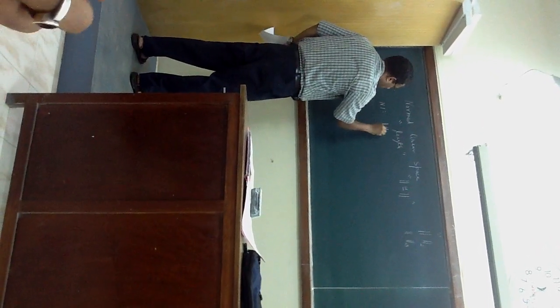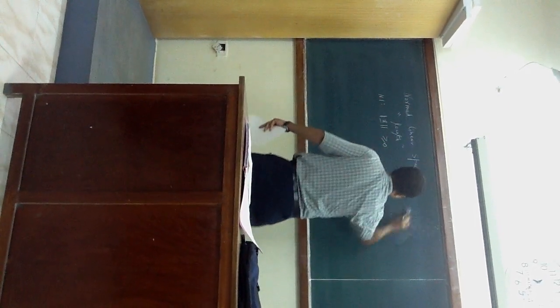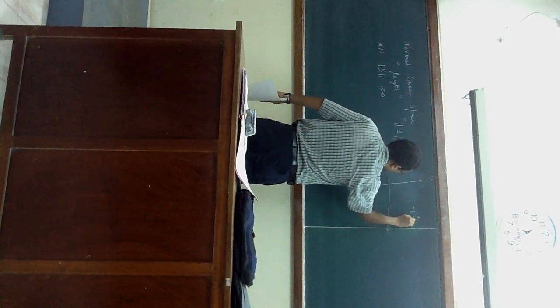So the first property is that the norm is greater than or equal to 0. Let's look at how the norm looks in our coordinate geometry. There is a point, and this has, say, u1, u2, the components of the u vector.